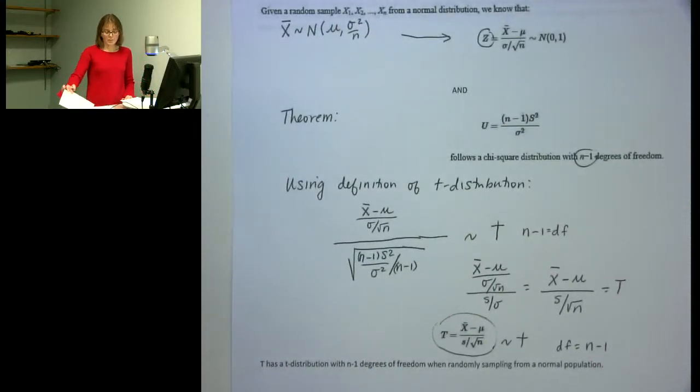Now, this is a very important result. It's the reason why we use a t distribution in introductory statistics and even beyond that. Anytime we're making hypothesis tests or confidence intervals about a mean, we always work with a t distribution.